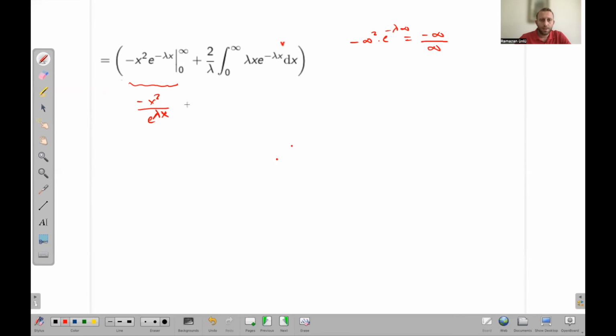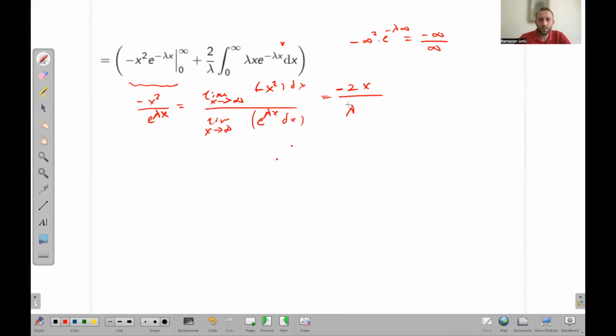So I can rewrite this as the limit when x goes to infinity of minus x squared, over the limit when x goes to infinity of e to the lambda x. What is the derivative of this? That is minus 2x divided by, what is the derivative of the denominator?